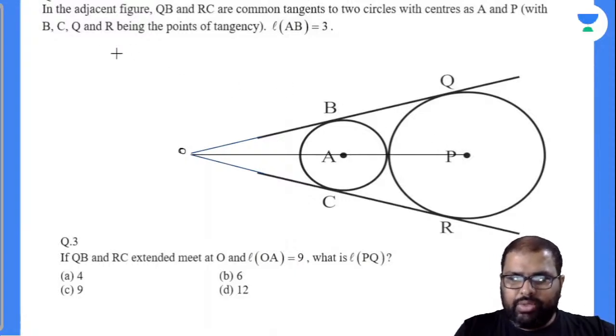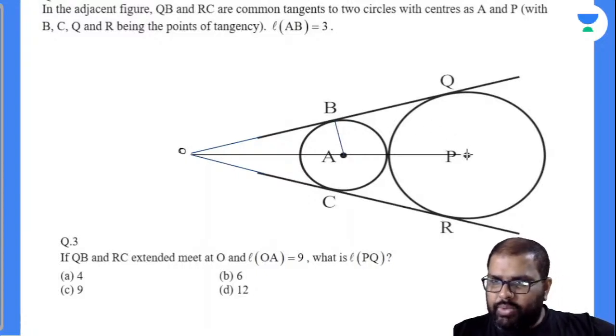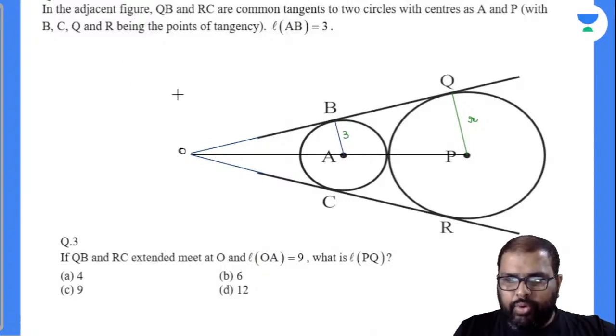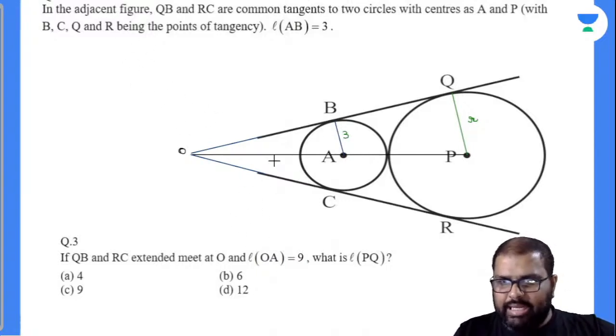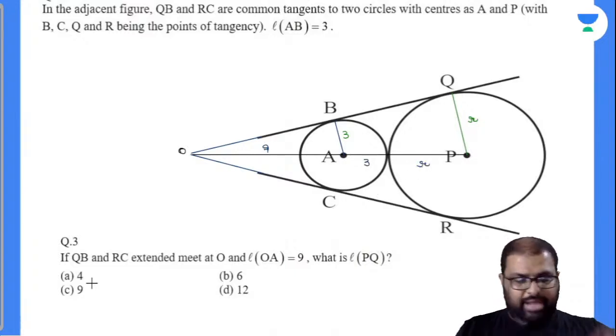Now everybody knows this length is already given. The basic question itself, AB length is 3 and PQ length is what your question asks. So PQ I'll take down as radius R. And this length is given as 3. And OA is given as 9 in the given question there. So this will be 3. This will be R.